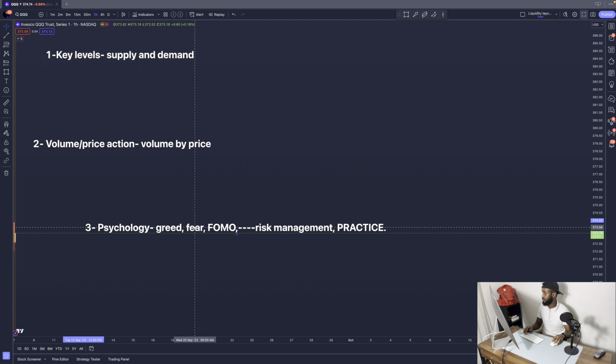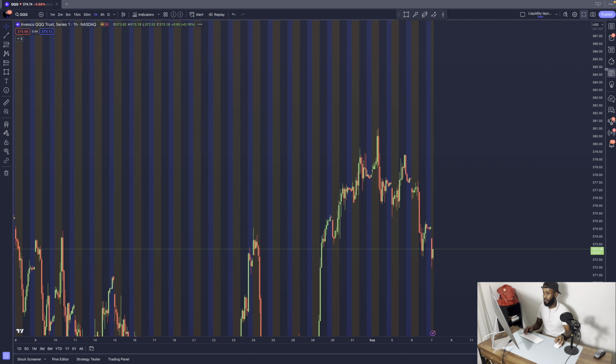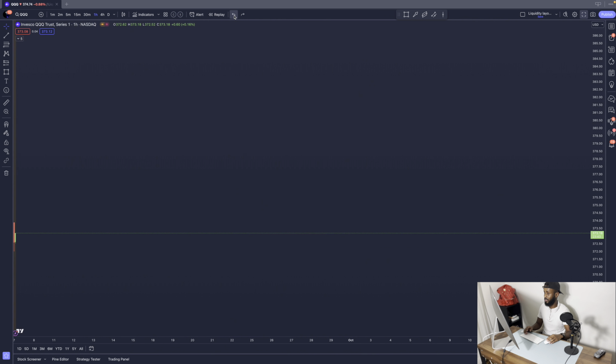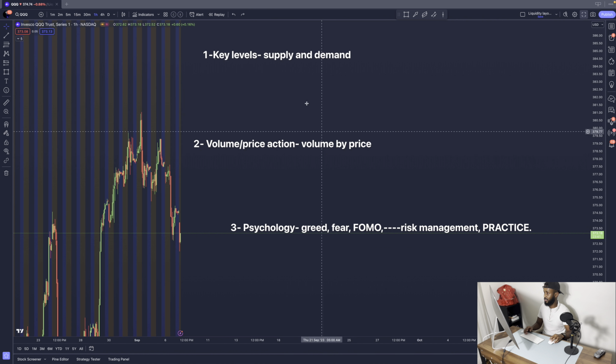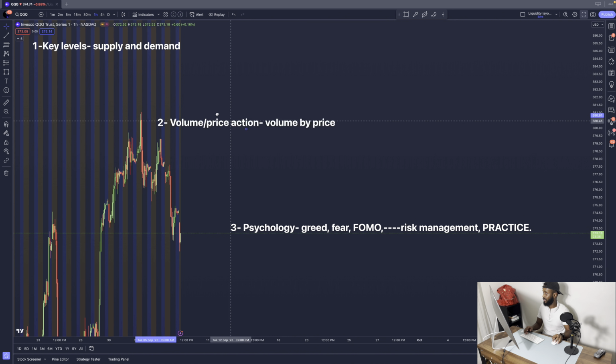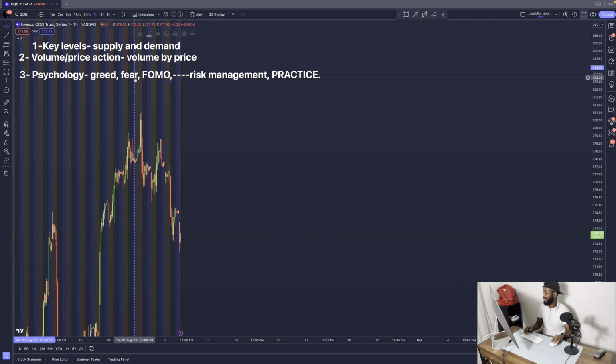Okay? So number one was here. We'll leave these kind of to the side. So number one is finding key levels in areas of supply and demand.